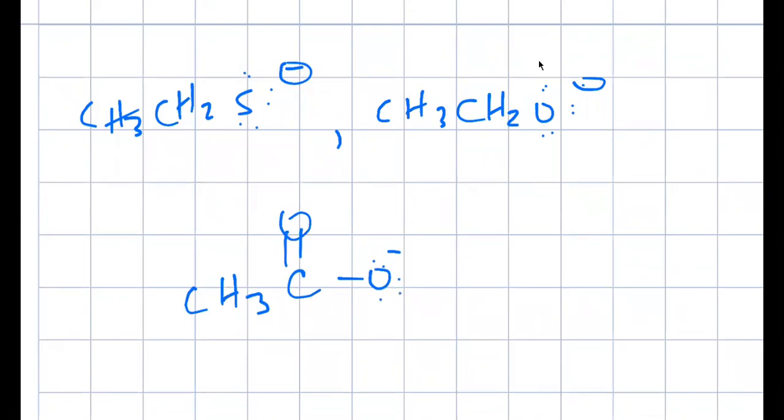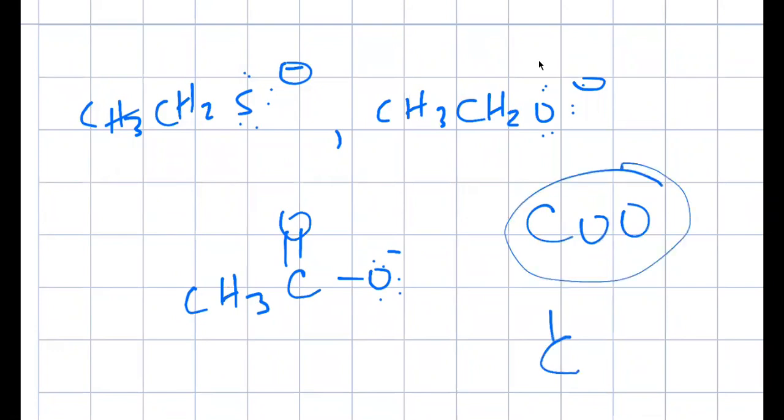When you see that abbreviation written like that, COO, it's really a shorthand way of writing a carbonyl. So it's a shorthand way of writing that carboxylate anion.